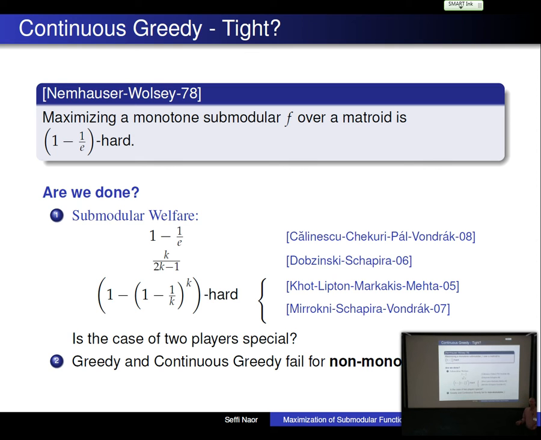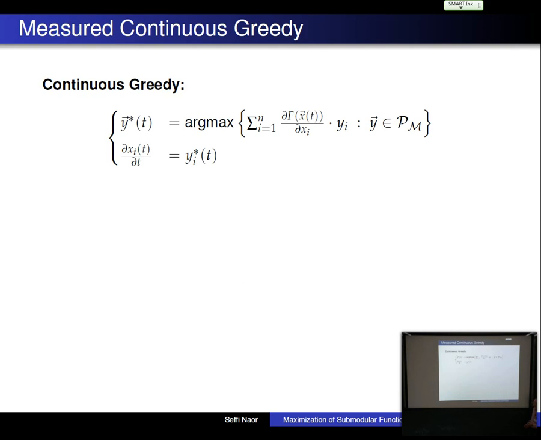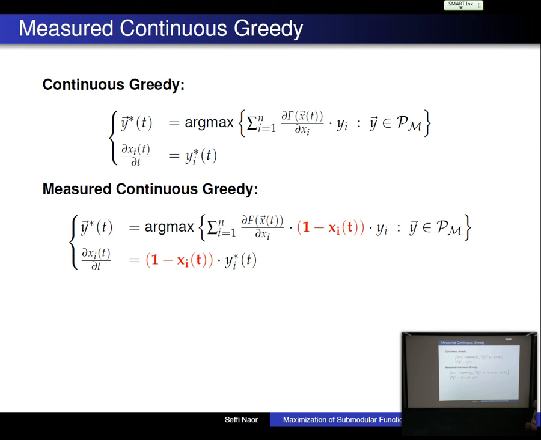So let's see what change we can make in the continuous greedy algorithm that will help us for the submodular welfare problem, which is monotone, and also for non-monotone functions. So recall, this is the definition of the continuous greedy algorithm. We look for the direction in the polytope that maximizes the directional derivative. Let's make a small change, and let's call it the measured continuous greedy.